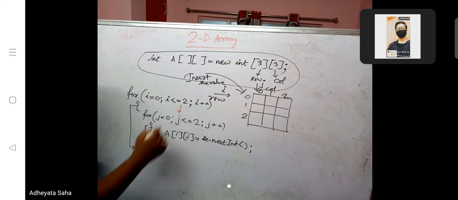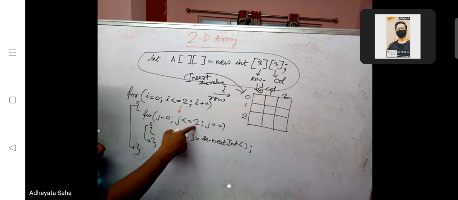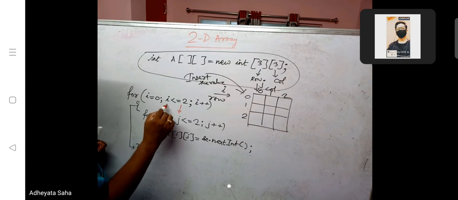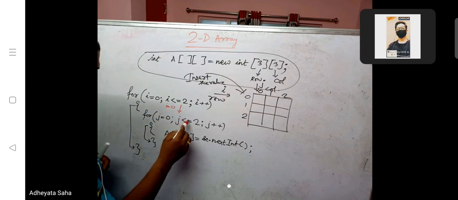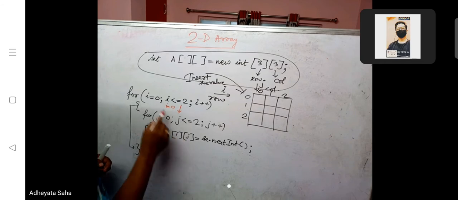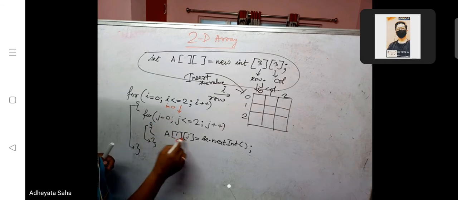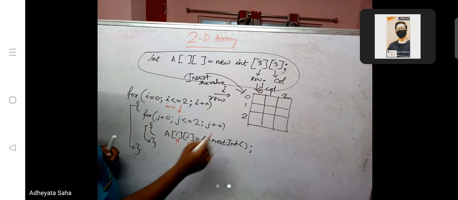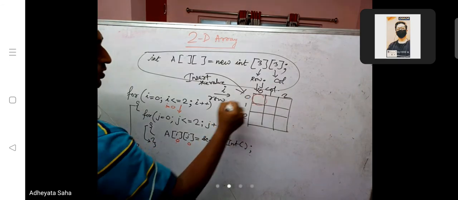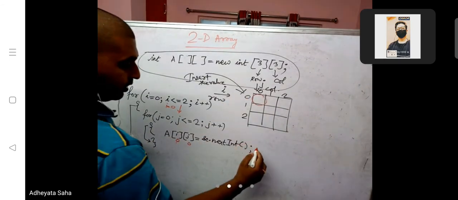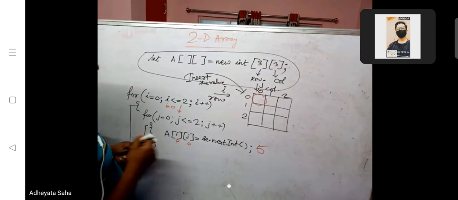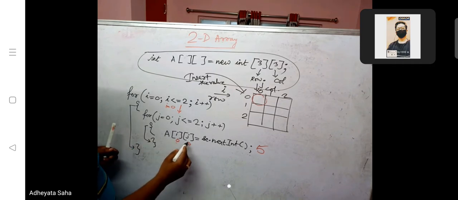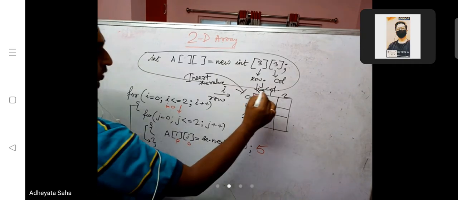Now j is 0; 0 is less than or equal to 2, yes. i is 0 and j is also 0, true, so get inside. a[i][j], with i and j both 0, means a[0][0], this position. Suppose you give the value 5, then 5 will be stored in a[0][0].